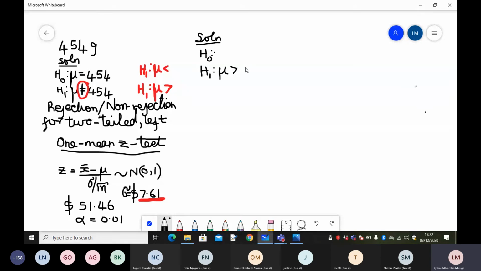And what was the mean which was given? 51.46. So now you can see where we are using greater than. Why are we saying greater than? Because of the word increased. What is our null? Our null is that mu is equal to 51.46.